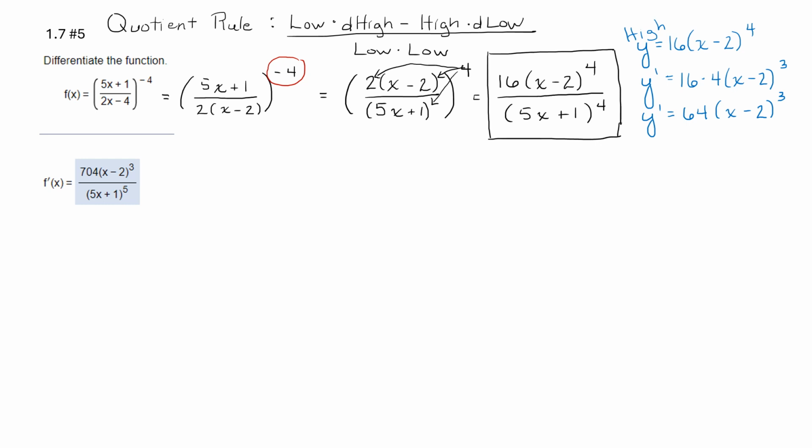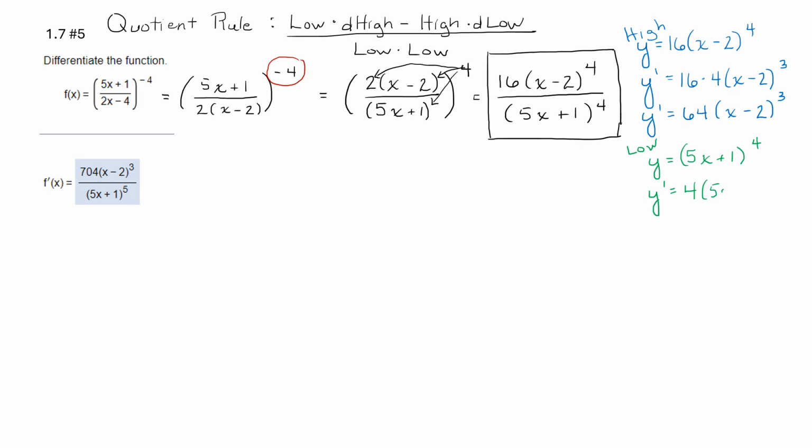Now I want to find the derivative for low. So low is the 5x plus 1 to the 4th, and for this one we're going to have to use the chain or the outside-inside rule, which says we're going to take the derivative of the outside. So the 4 is going to come out front.